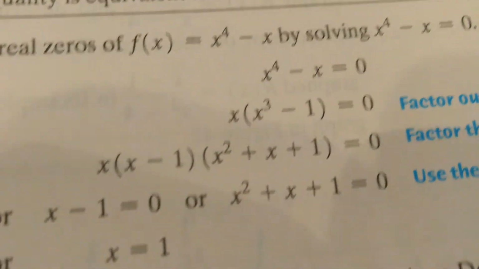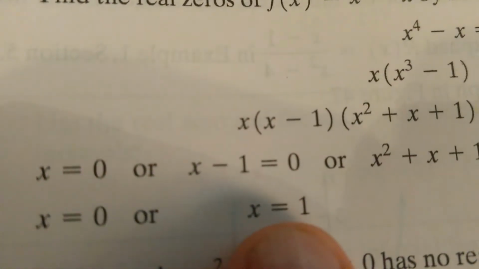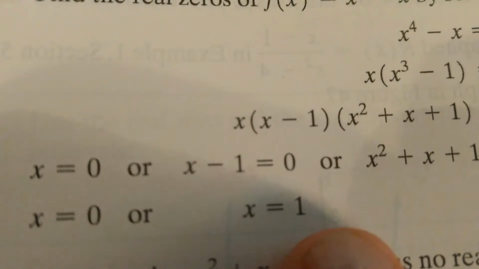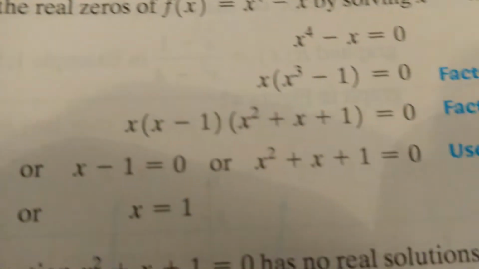Then we set x equal to 0, so there's one solution. We solve x minus 1 equals 0, x equals 1, is another solution. And for this one right here, there's really no real solution.